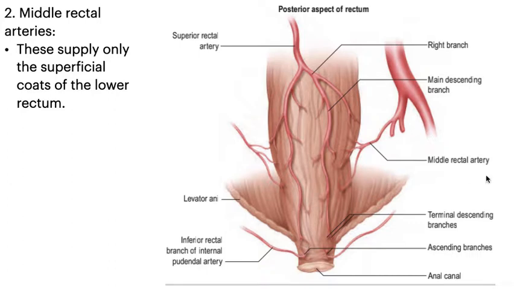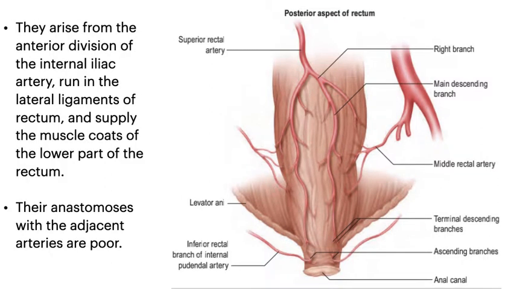Second, we have the middle rectal artery. It supplies only the superficial coat of the lower part of the rectum. It arises from the anterior division of the internal iliac artery, runs in the lateral ligament of the rectum, and supplies the muscle coat of the lower part of the rectum.